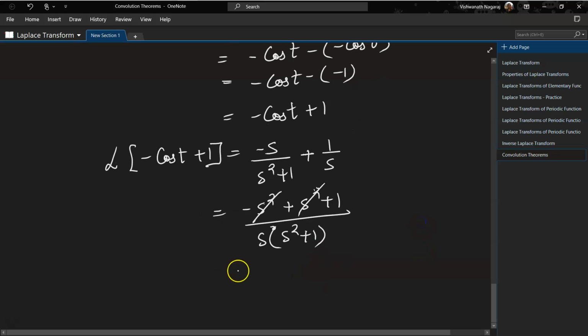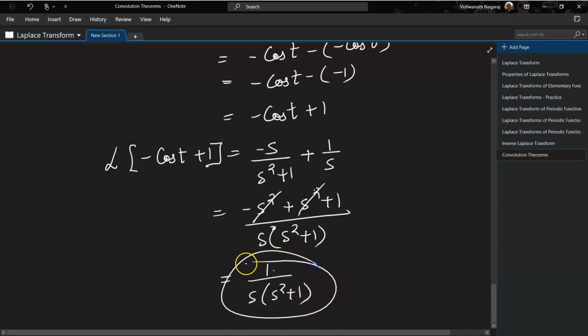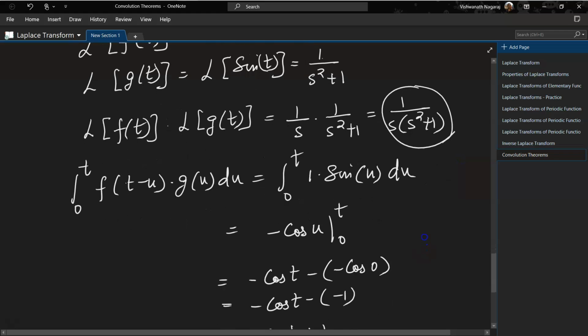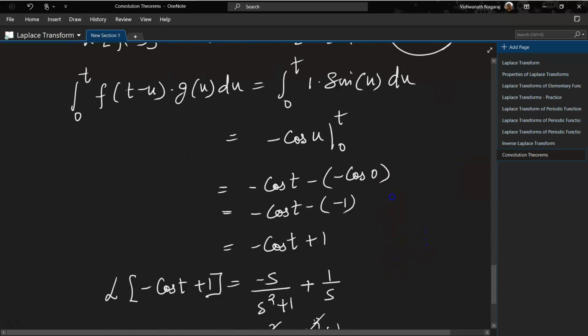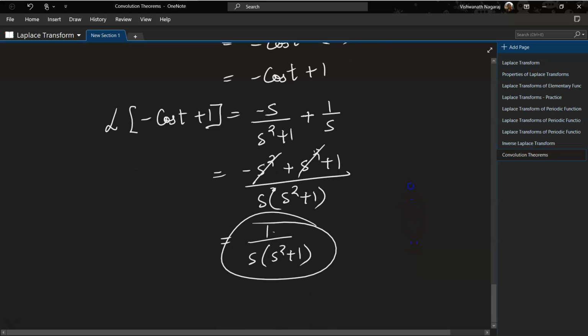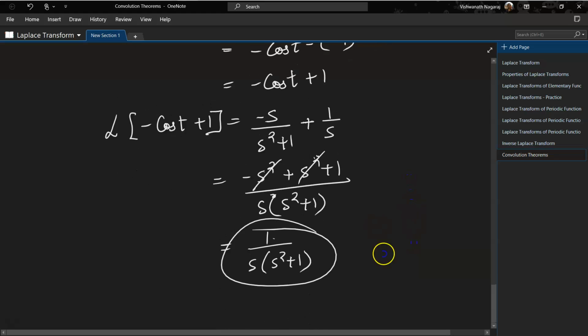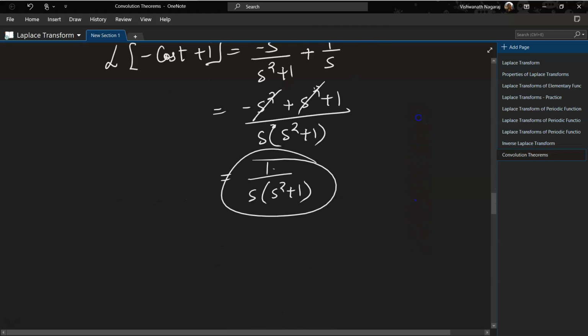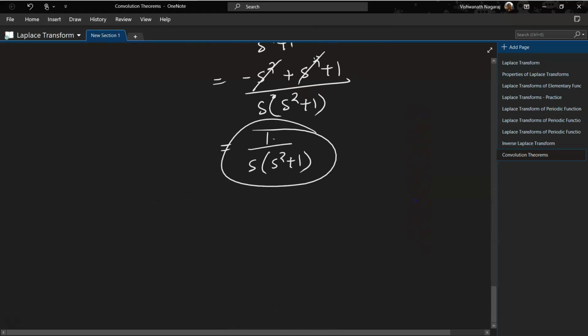S square gets cancelled and we are left with 1 by s times s square plus 1. And here if you notice, this is the same as this. The difference being we had to go through this entire process of integration. So that integration gets converted to simple algebraic operations. That's it. Bye.